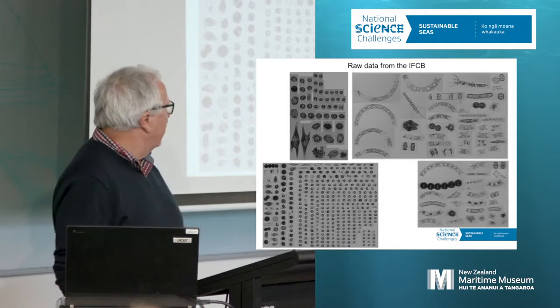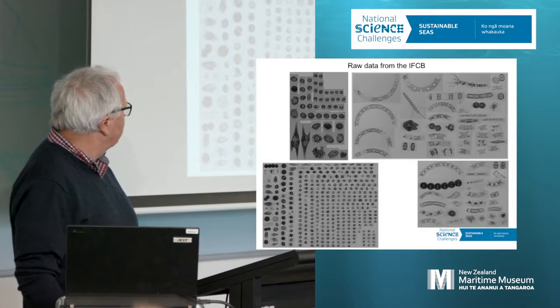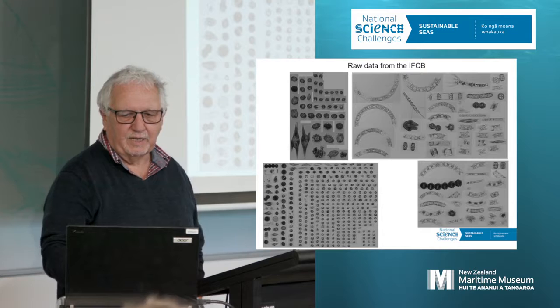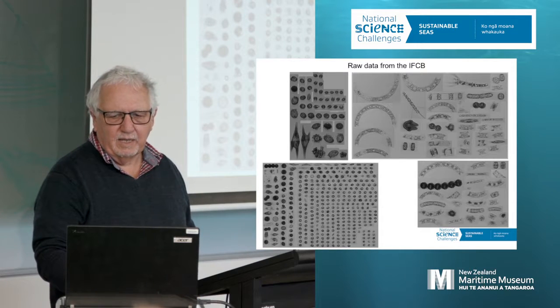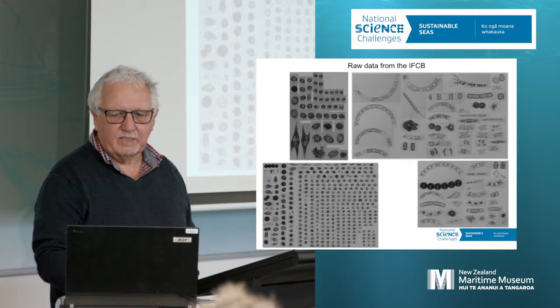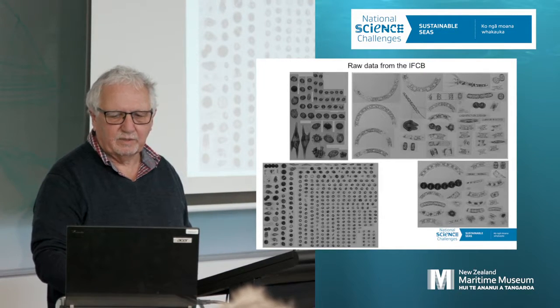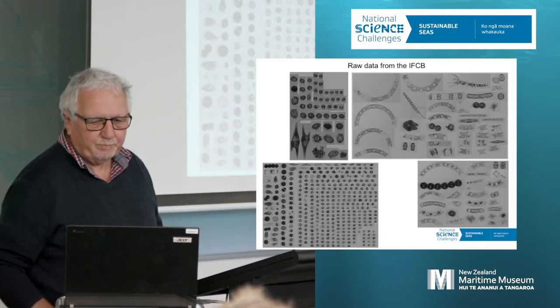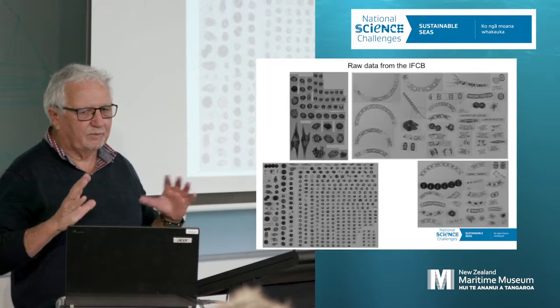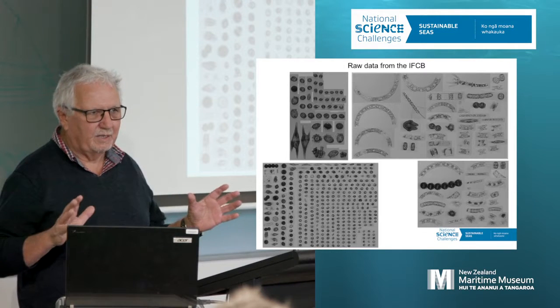This is the sort of raw data you get from the instrument, loads and loads of pictures of cells, and the ones that we're really concerned about are relatively easy to spot. These ones here, this one here, this one here, amongst all the others. But what it does tell you, it gives you everything in the plankton.